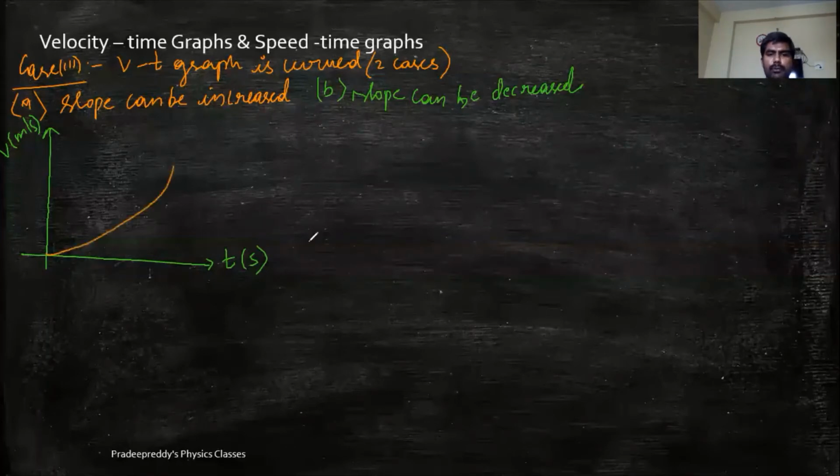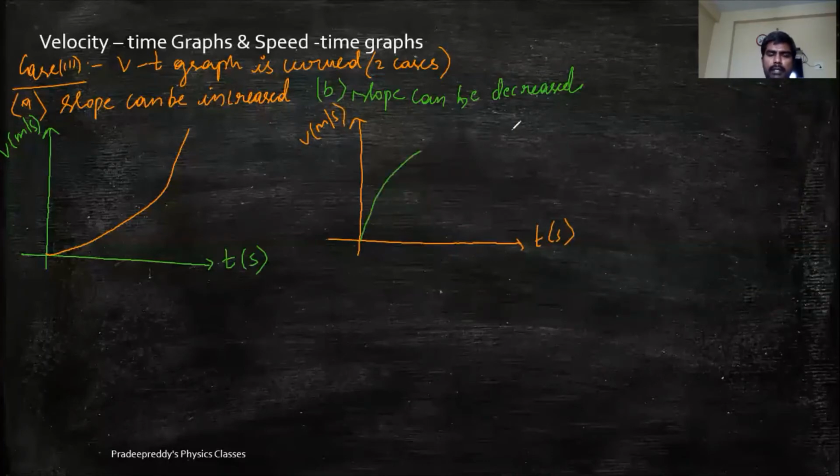And coming to case B, if you plot the graph here, time in second, velocity in meter per second, you will get a decrease in the slope, and that will be like this. See, both graphs are not the same. They are different. Here in this first case, slope increases.